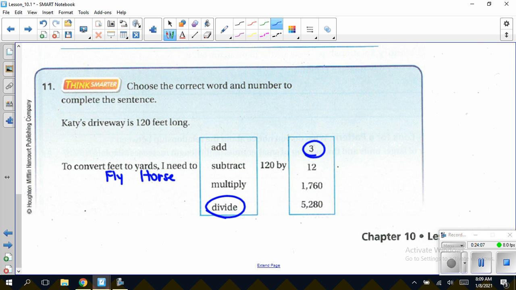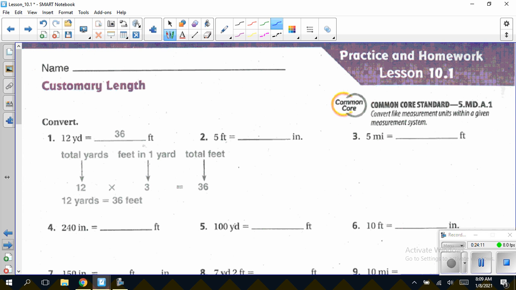So now, going on to the homework, I am now on page 589. On the front, it will be evens only, except for number 18. Don't worry about doing number 18.